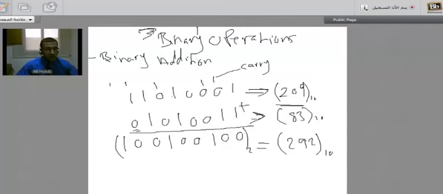To check whether we've done this correctly, you can add these numbers and have a look at the result, and then you know whether we've done our work correctly or not. So that's the first operation, binary addition. Very easy. I've only given you one example because all other examples will be exactly the same idea.